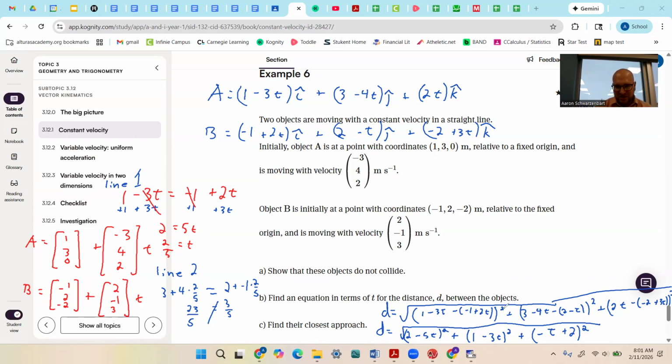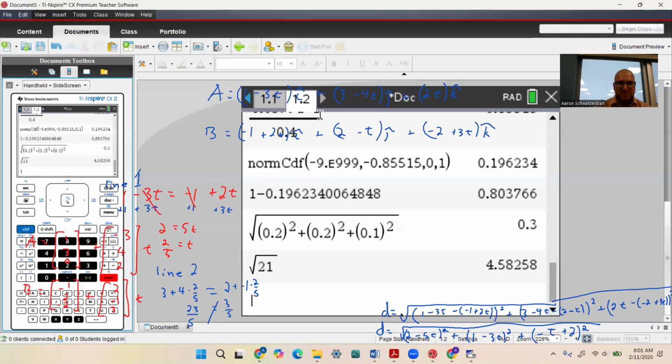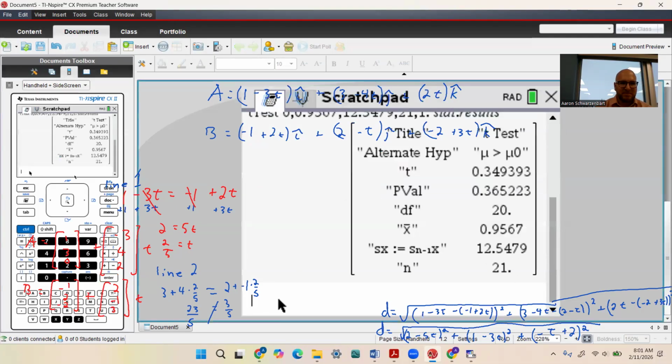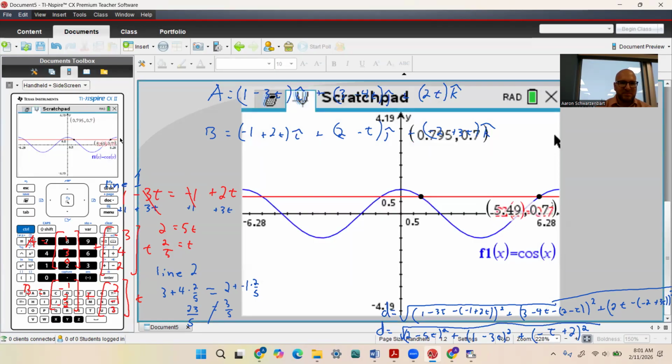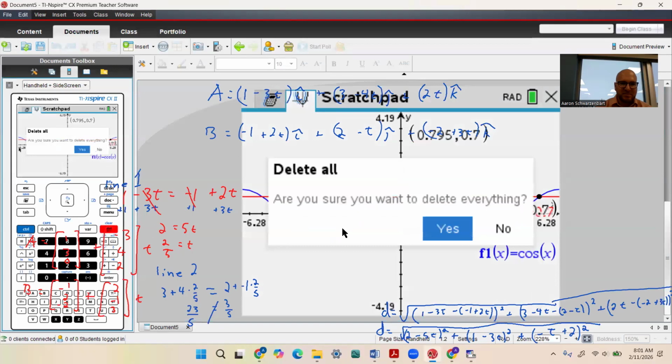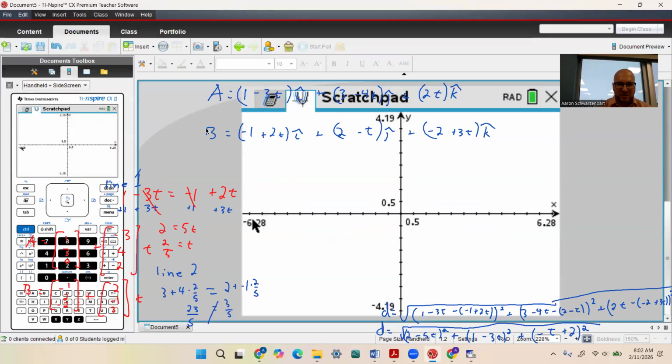It might not be the simplest one, but it says find their closest approach. So I'm going to minimize. I think the easiest way to do this is to graph it. I could expand that out and simplify it more, and there's a calculus technique for minimizing, but I think it's just easier to graph. I'm not sure I'm done, so I don't want to erase a bunch of stuff.